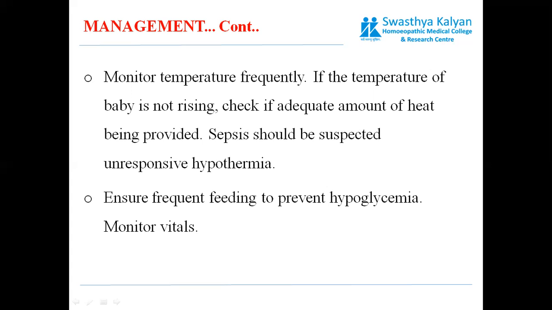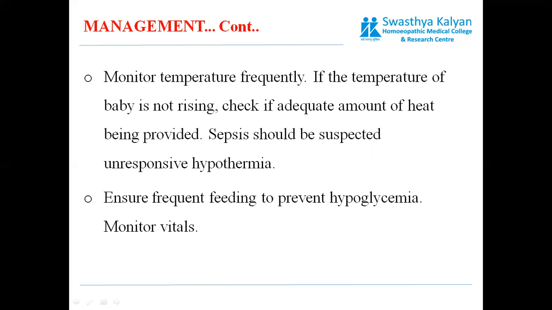Now, this we have already discussed in protein energy malnutrition, that hypoglycemia, hypothermia and infections, they all occur as a triad. So we have to make sure that baby is getting enough feeding, baby is getting frequent feeding. So ensure frequent feeding to prevent hypoglycemia. We have to monitor the vitals.